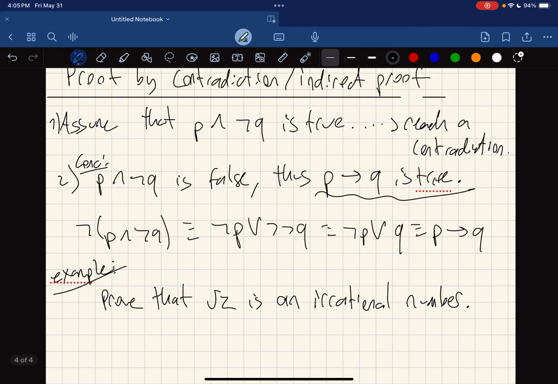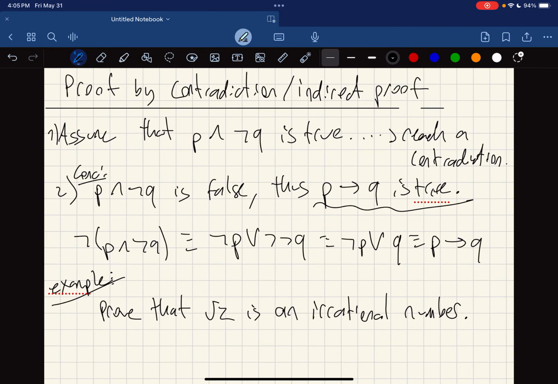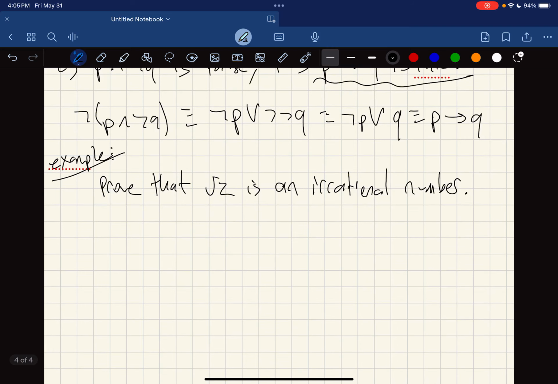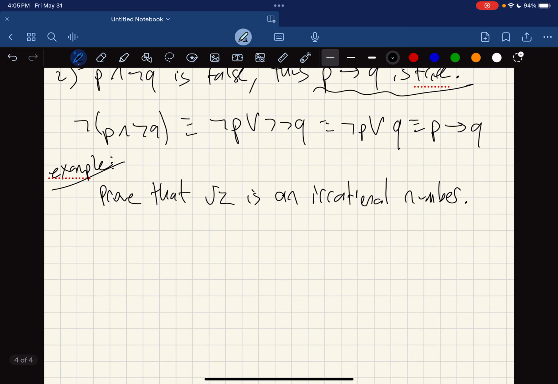As you can see here, to prove it by contradiction, we need to assume P and not Q, which in this case means the first step: assume that root 2 is a rational number.